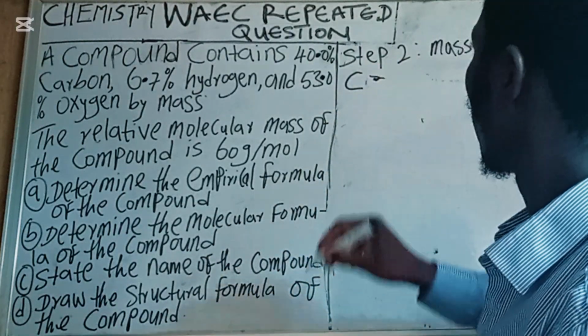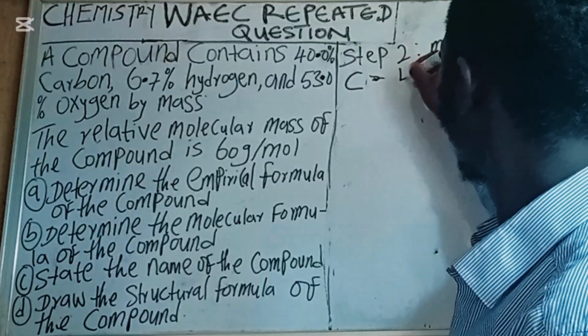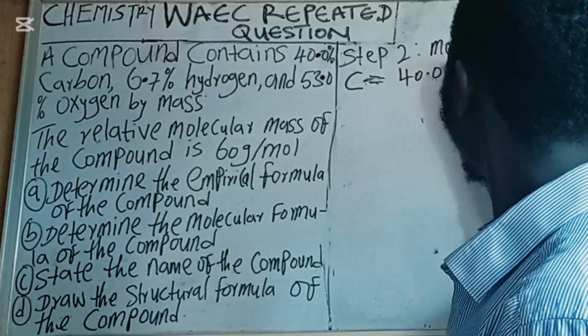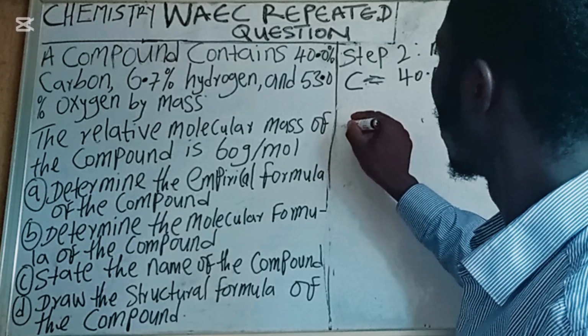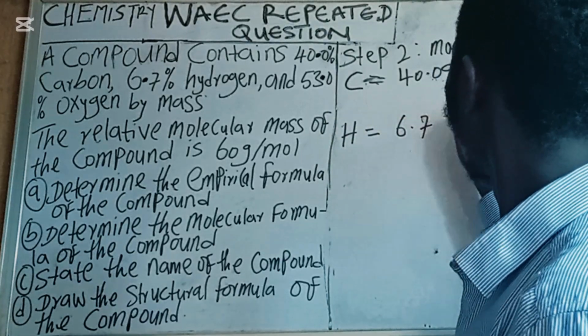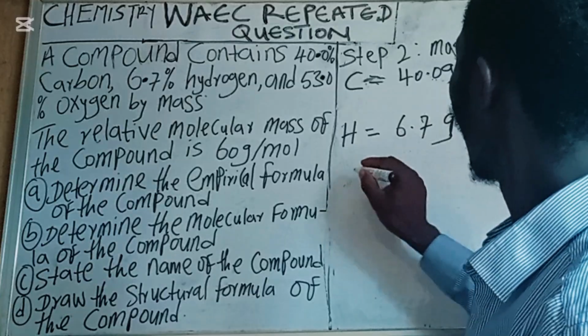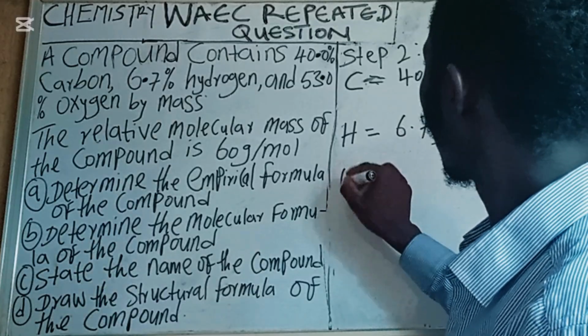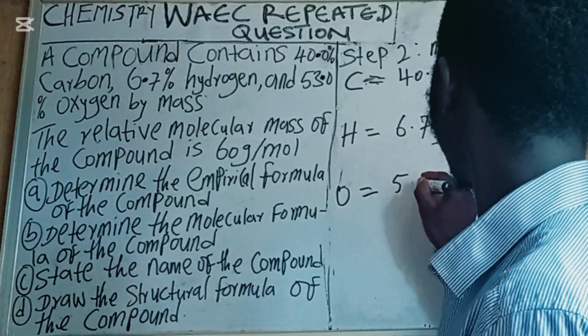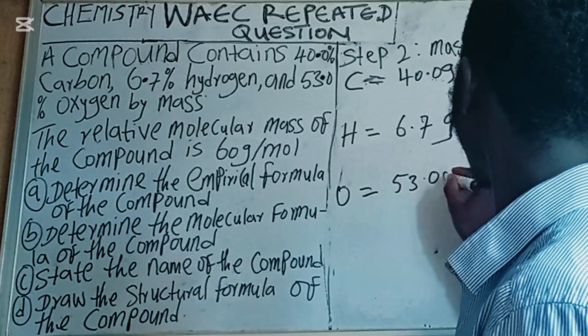The value of carbon that we converted is 40.0 grams, hydrogen is 6.7 grams, and oxygen is 53.0 grams.